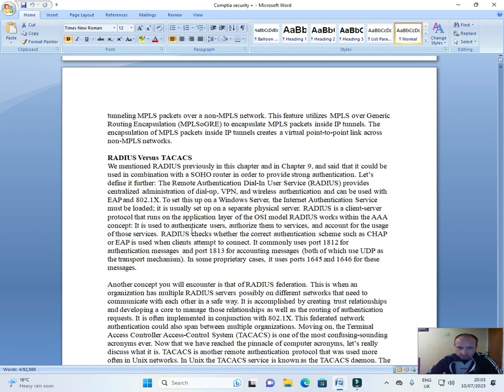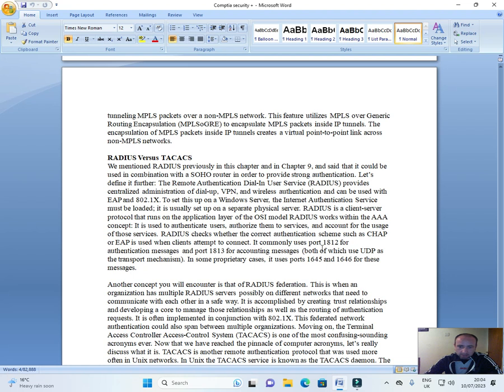RADIUS is a client-server protocol that runs on the application layer of the OSI model. RADIUS works within the AAA concept. It is used to authenticate users, authorize them to services, and account for the usage of those services. RADIUS checks whether the correct authentication scheme, such as CHAP or EAP, is used when clients attempt to connect.